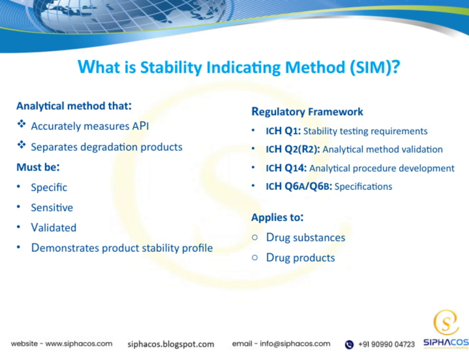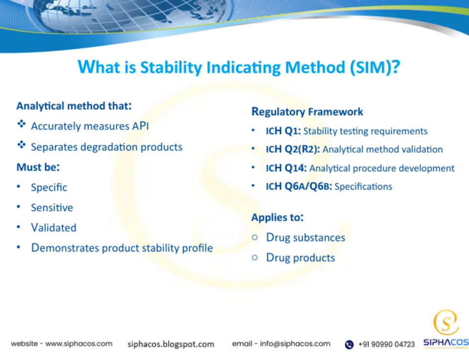Moving on, ICH-Q14 is all about the development of analytical procedures, emphasizing the importance of establishing robust methods from the start. Lastly, ICH-Q6A and Q6B set the standards for specifications, helping us define acceptable quality criteria for both drug substances and drug products.